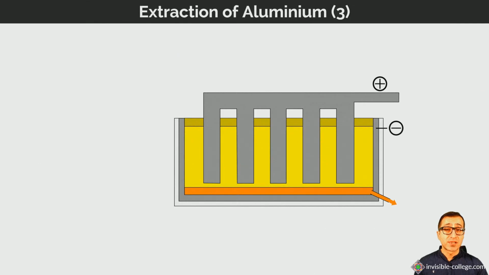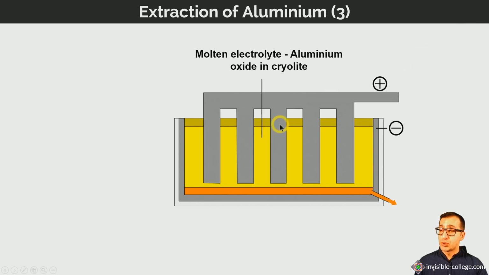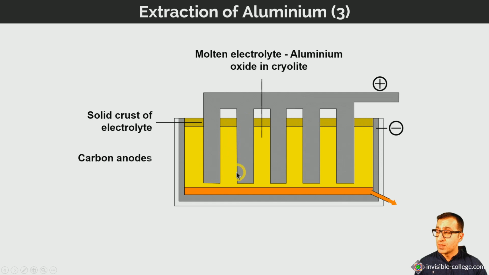So once again, here is a diagram of the electrolytic cell which is used. To achieve the high temperatures necessary to melt the bauxite, it is mixed with another substance called cryolite, which reduces the energy requirement to do that. So here we can see a solid crust of aluminium oxide forming near the surface where it's cooler. We have the carbon anode, which is here.